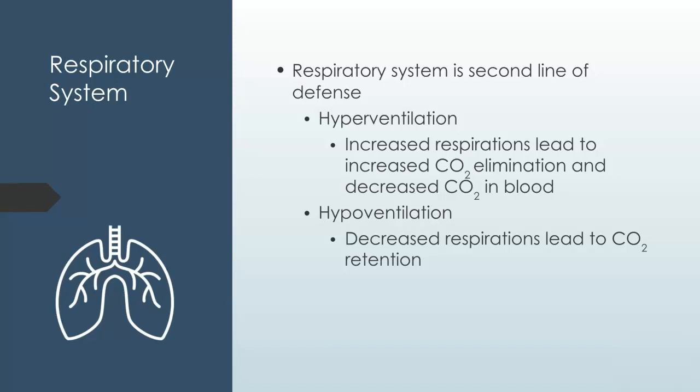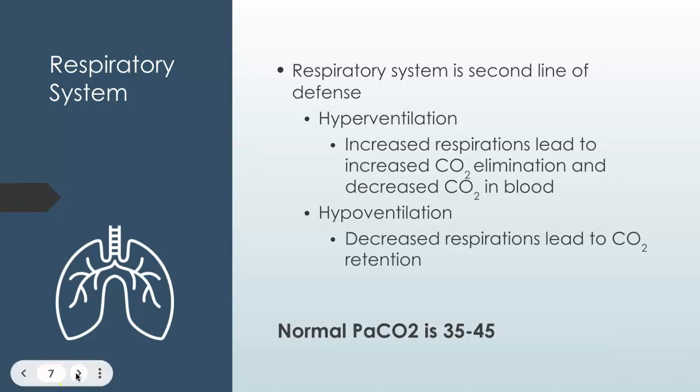So if we are breathing out more CO2, we're going to have a decrease of CO2 in our blood. Likewise, hypoventilation, decreased respirations, is going to lead to CO2 retention. Our normal PaCO2, and you'll often just see me write CO2 for simplicity, is 35 to 45.